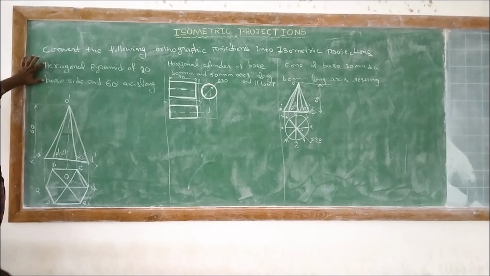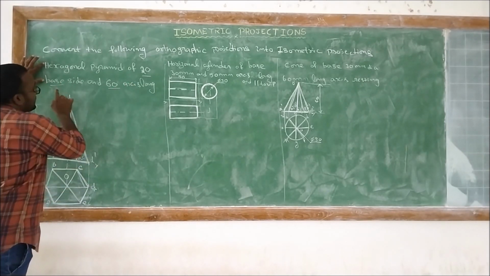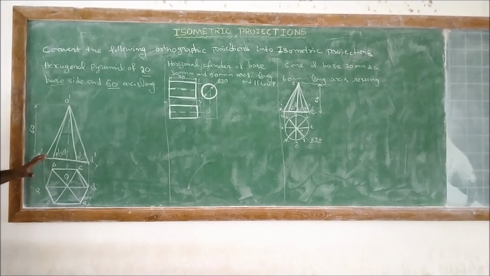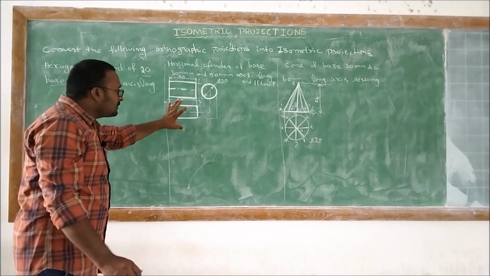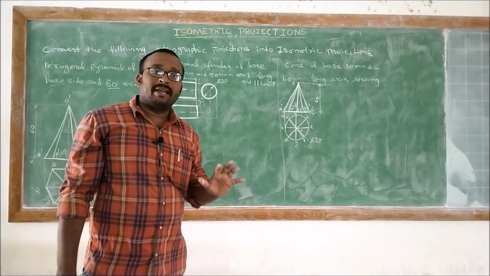Here is a hexagonal pyramid with base side 20 mm and axis 60 mm long. In most question papers they won't give this particular diagram, the front view and top view; the orthographic view may not be given.